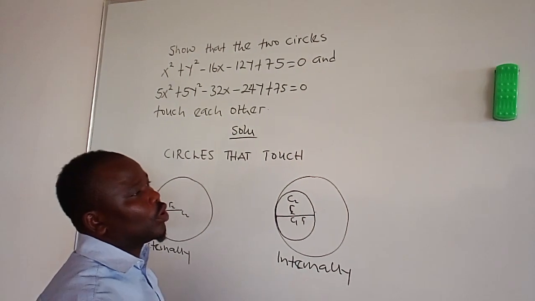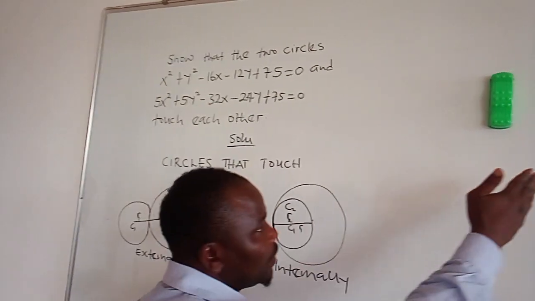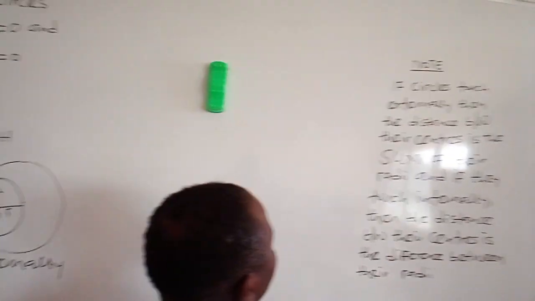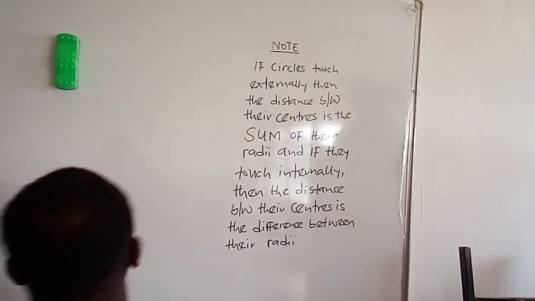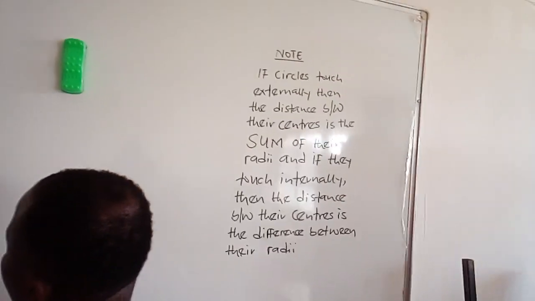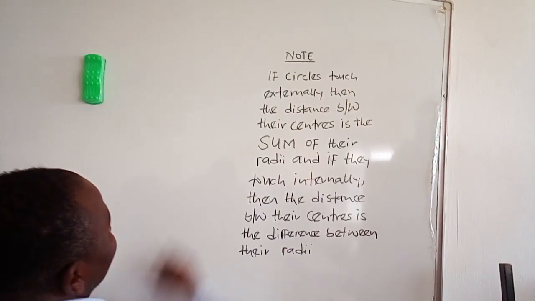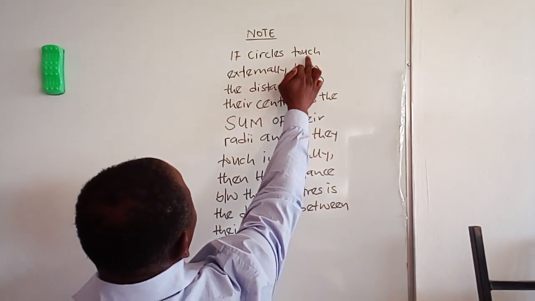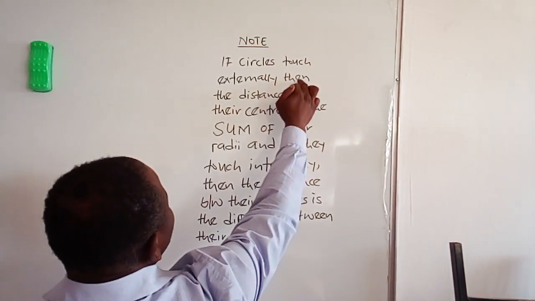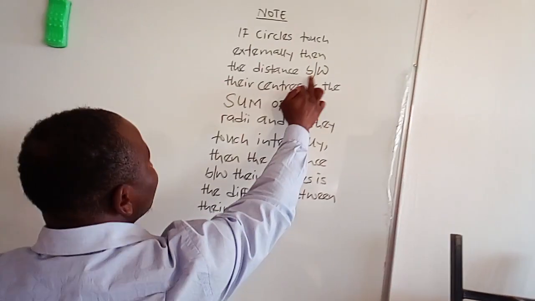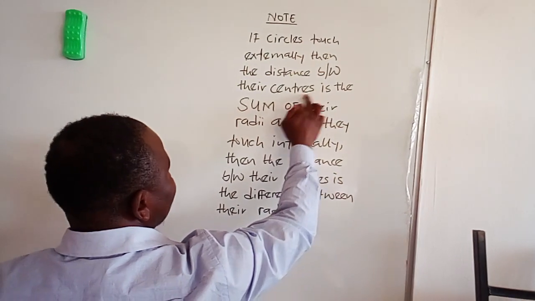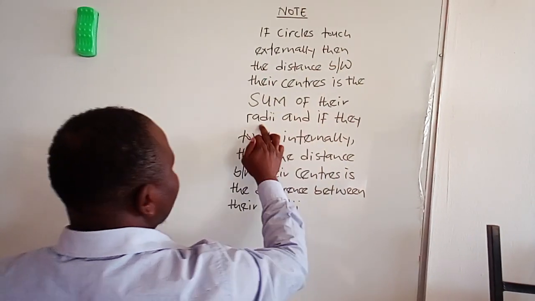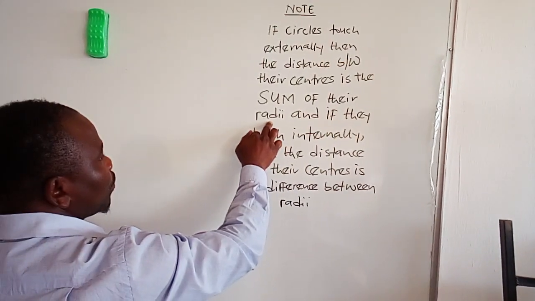Now, note. Note here that for a circle to be externally, look at it here: if circles touch externally, then the distance between their centers is the sum of their radii.